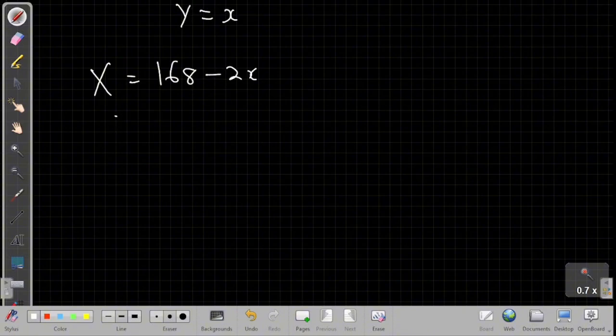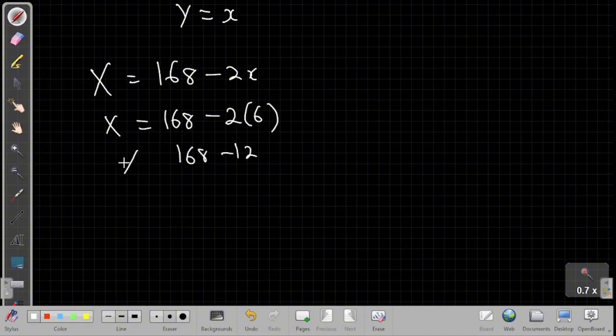And we know our x already. So x will now be equal to 168 minus 2 brackets 6. So 2 times 6 is 12. If we subtract this, x will now be equal to 156 degrees.